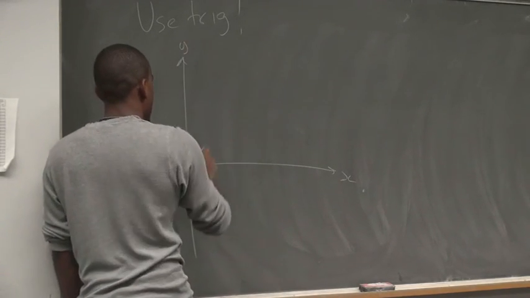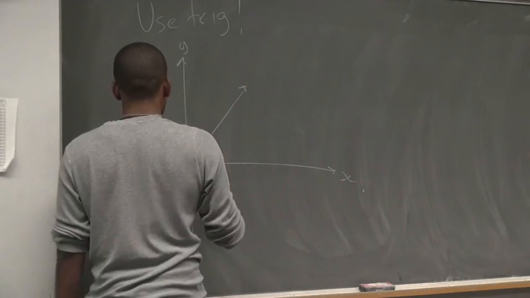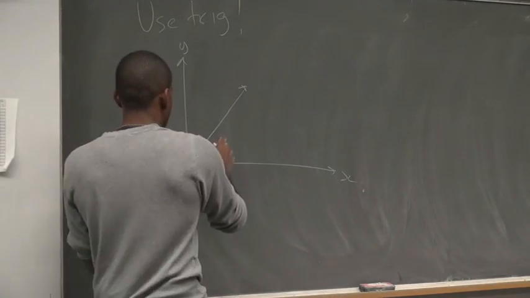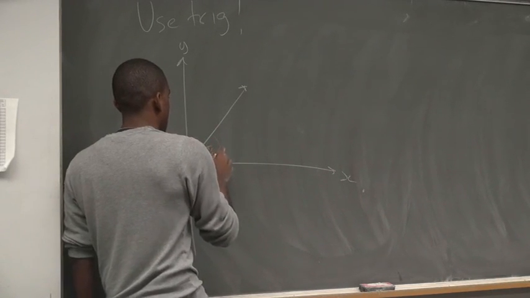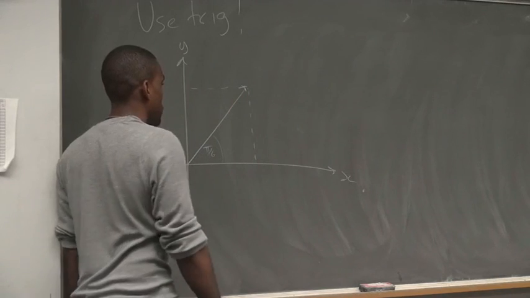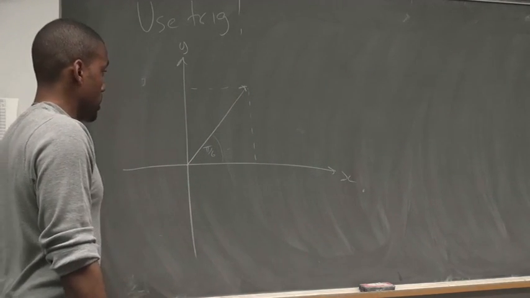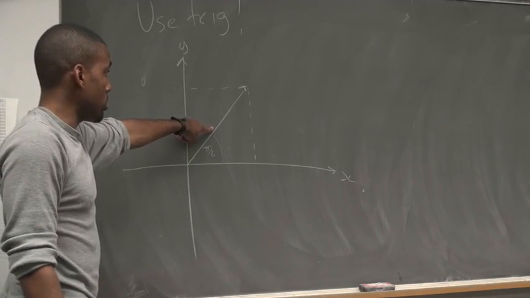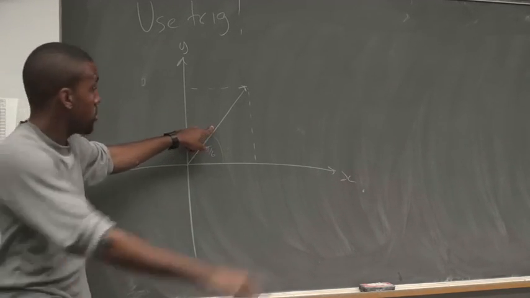Say we're on the xy plane, there's one guy going here. I know that the angle is pi over 6. I want to figure out what is the magnitude and direction of that. I actually know what the hypotenuse is. It's 5.